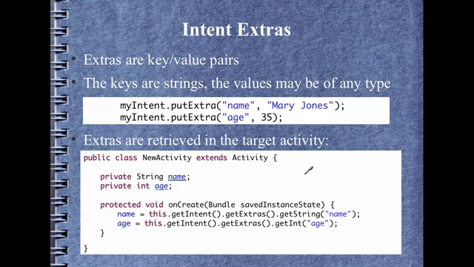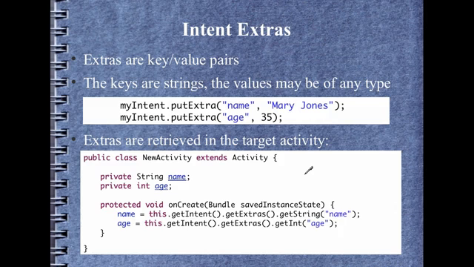The name extra will refer to it by the string name, and then it is Mary Jones. We have a string, Mary Jones. We can put an age extra, and her age is 35, and this is a number of some kind. So we might read that number as an int. We might read it as a float. That doesn't matter. That's on the other end when we get the extras.